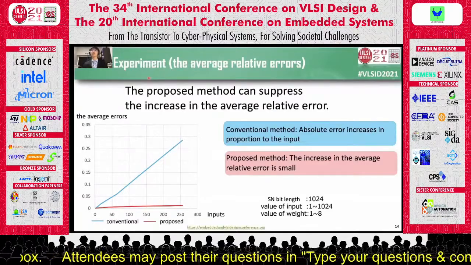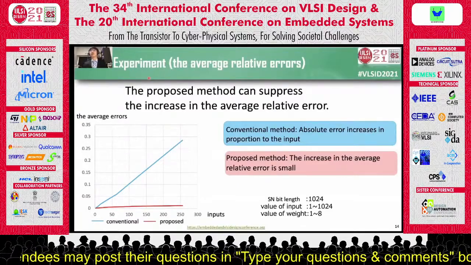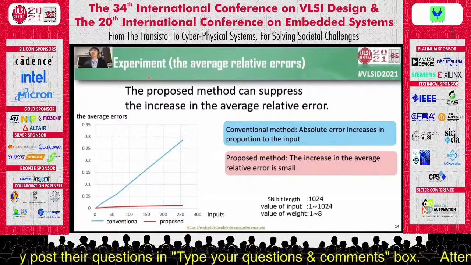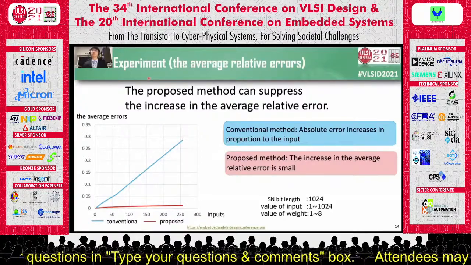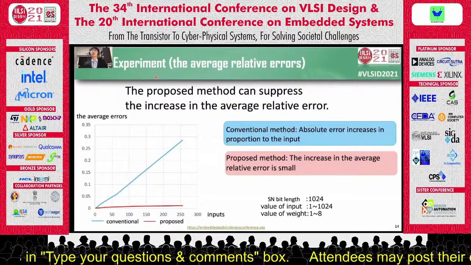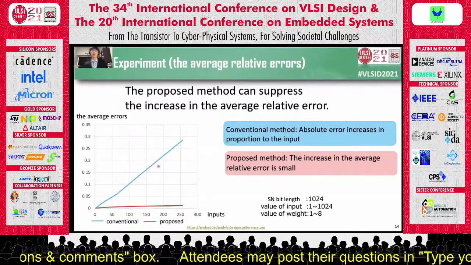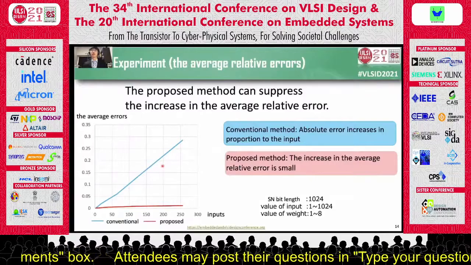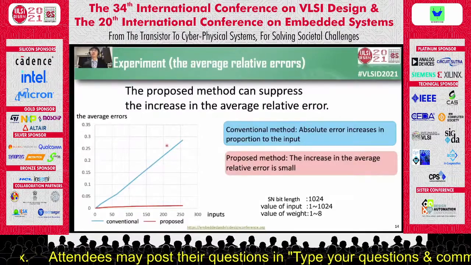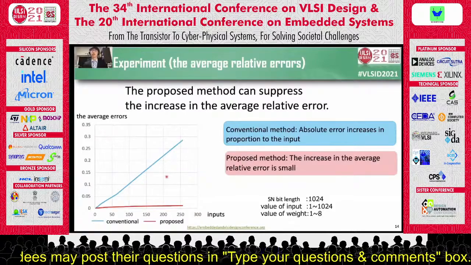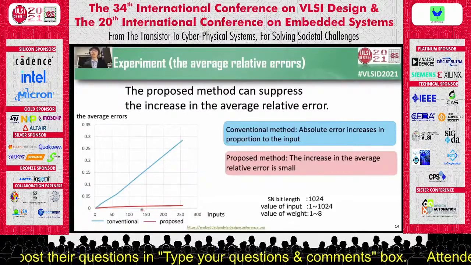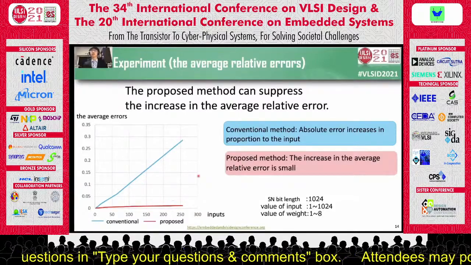Next, I show experimental results to analyze the calculation error and the hardware overhead of the proposed method. First, I would like to introduce the average relative errors. The blue line is for the conventional method, and the red line is for the proposed method.